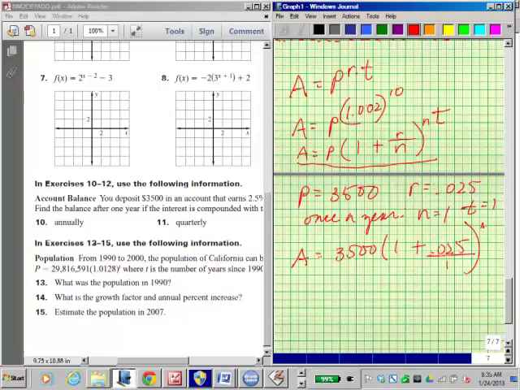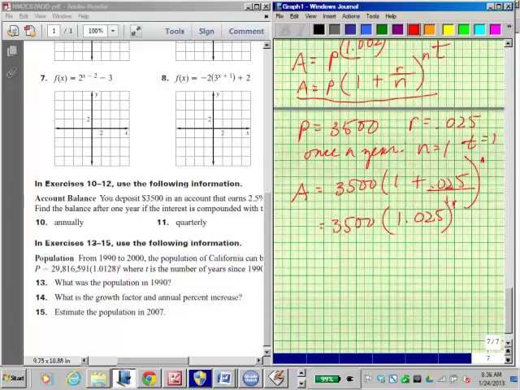So it's simply $3,500 times 1.025 to the first power. That's simple interest, and you can just put that in the calculator and get your answer. Now, you compound it quarterly.